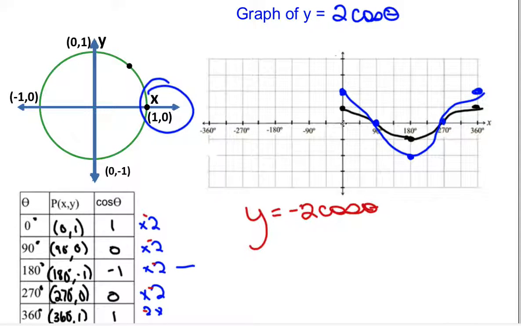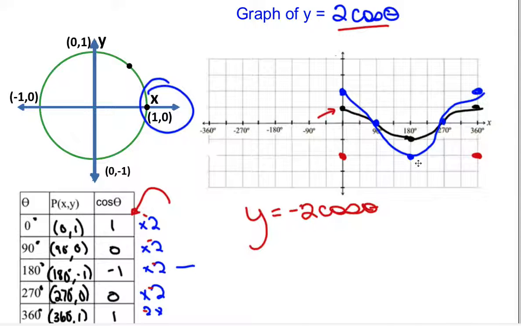The sine function did start at 0, 0, but the cosine function starts at 0, 1, the parent function. So we would multiply it by negative 2, so it's going to be a vertical reflection. If this is negative 2, this is also going to be negative 2.